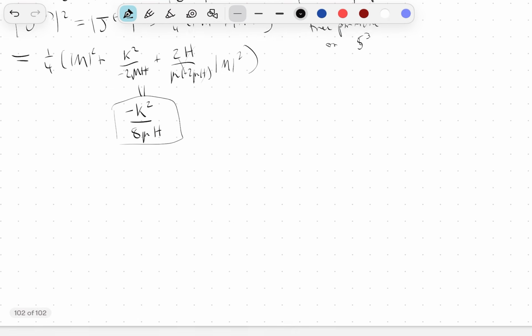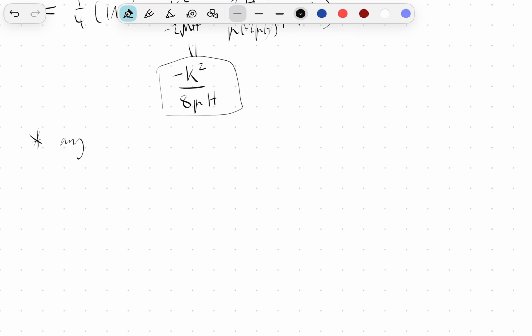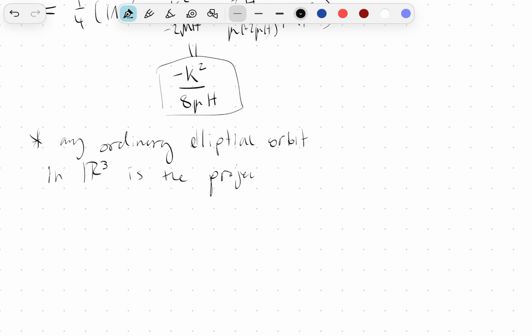So the key takeaway is any ordinary elliptical orbit in R3 is the projection of a simple geodesic motion on the three sphere.